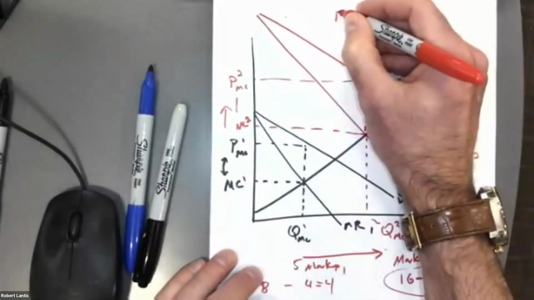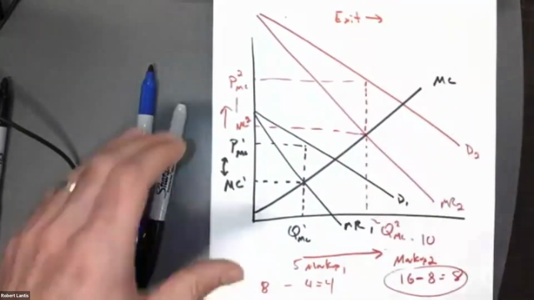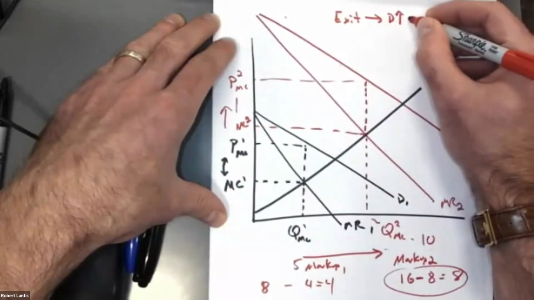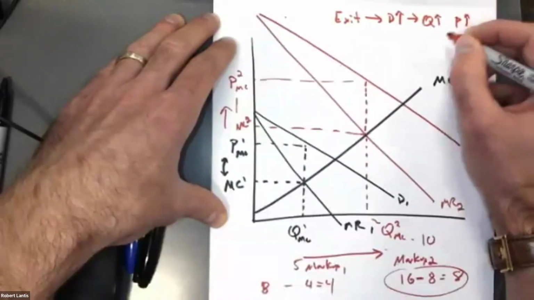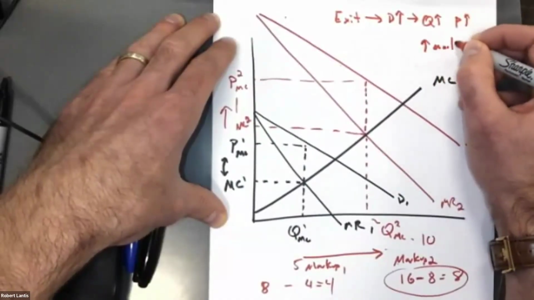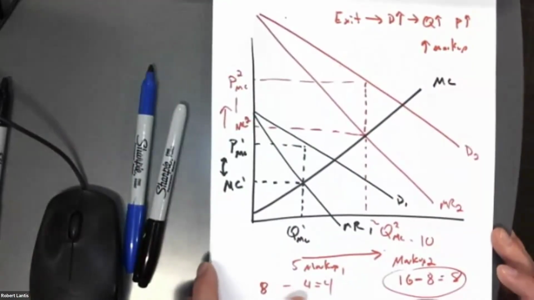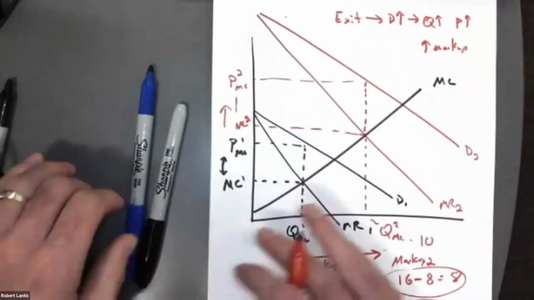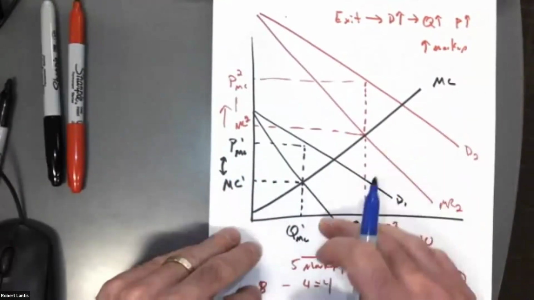So as firms exit, the demand that each firm faces will go up. That results in a higher quantity, a higher price, and a higher markup for the firms that don't exit the market.